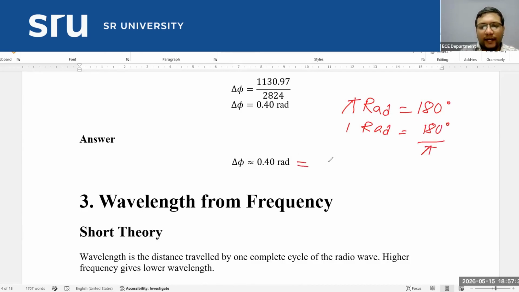So for 0.4 radian, this will be 0.4 into 180 degree divided by pi, and we can get the value in degree. So till now we have learned a very nice set of equations related to phase difference and path difference. We just need to remember them to attempt problems and get the answer quickly.